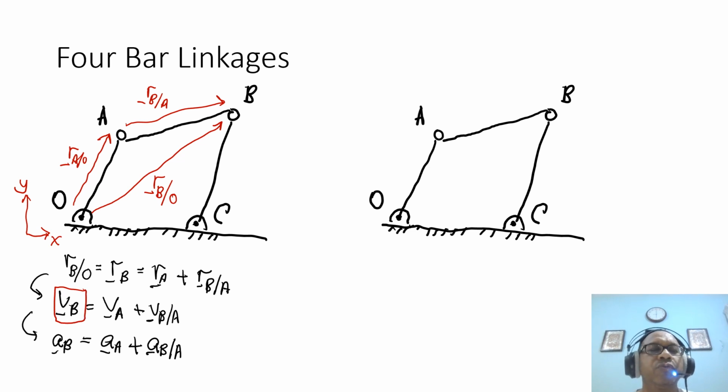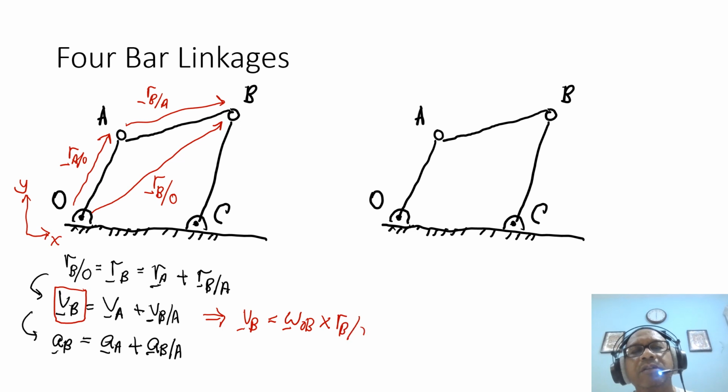Students would usually go and write that VB equals omega OB cross position vector B relative to O. That is a mistake. They saw this as a link, and they think there's a link OB, so they look at link OB and position vector B relative to O.